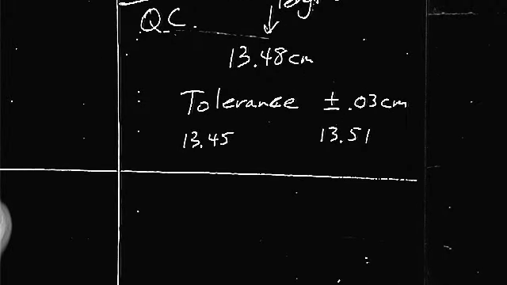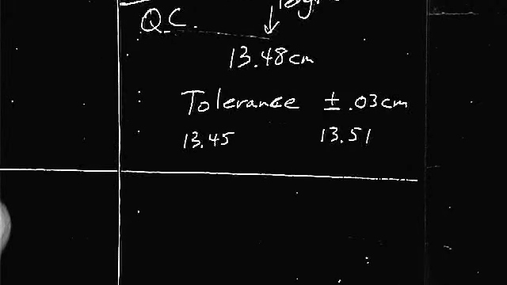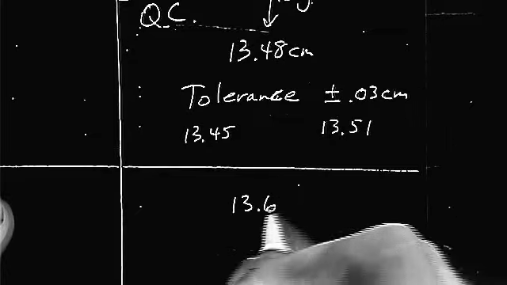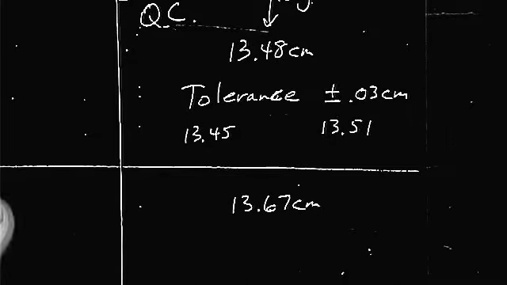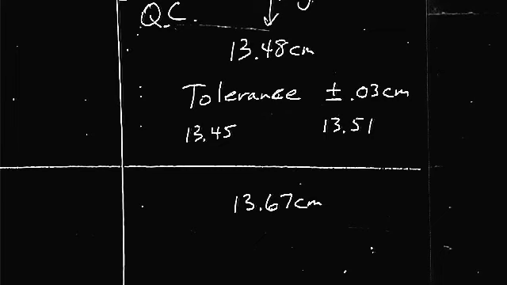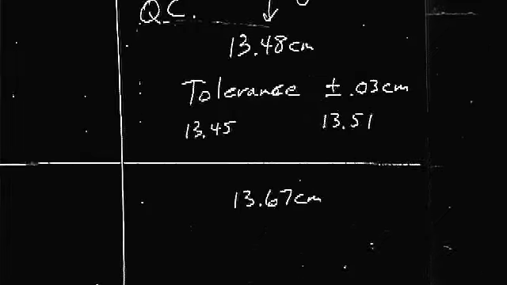Suppose we had a part and we measured it and it was 13.67 centimeters. We obviously know that's too much. My job as a machinist was to go in and take the part and cut it down so that it was the right amount. How much can I cut off so that I get it to be acceptable?